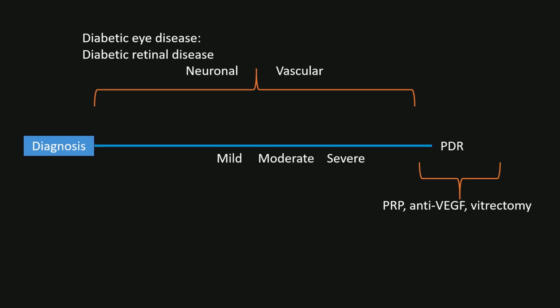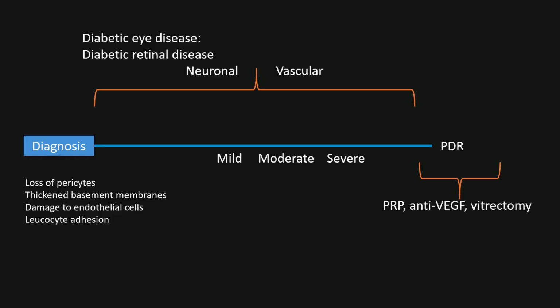These biochemical changes lead to the anatomical problems of pericyte loss, thickened basement membranes, damage to endothelial cells, and leukocyte adhesion. And ultimately that leads to retinal non-perfusion, an upregulation of VEGF release, and increased vascular permeability.